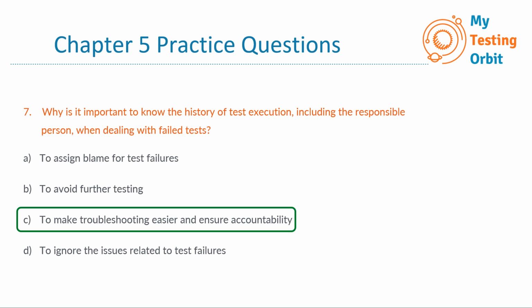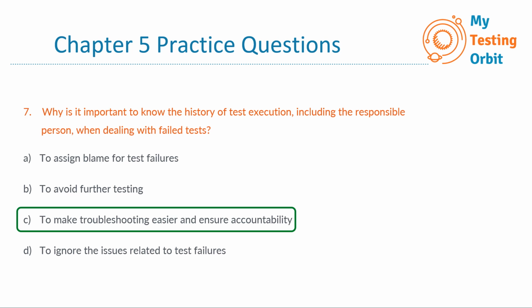Okay, now let's have a look at A, to assign blame for test failures. The primary purpose of knowing the history and responsible person is not to assign blame, but to identify the cause of test failures so that you can address issues and ensure that the testing process is efficient and effective.